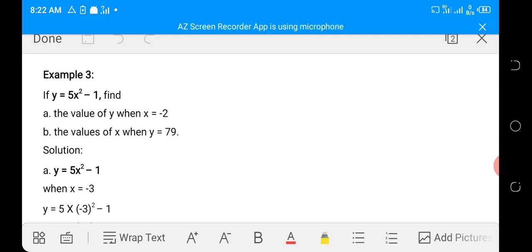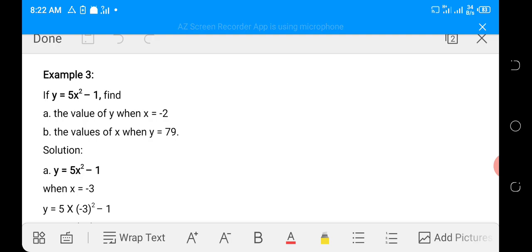This example 3 is showing how to do the substitution. When the formula is given, how do we substitute for the letters to get the values? That's what example 3 is teaching us. Then A, we are to find the value of y when x is equal to -2, and B, the values of x when y is equal to 79.